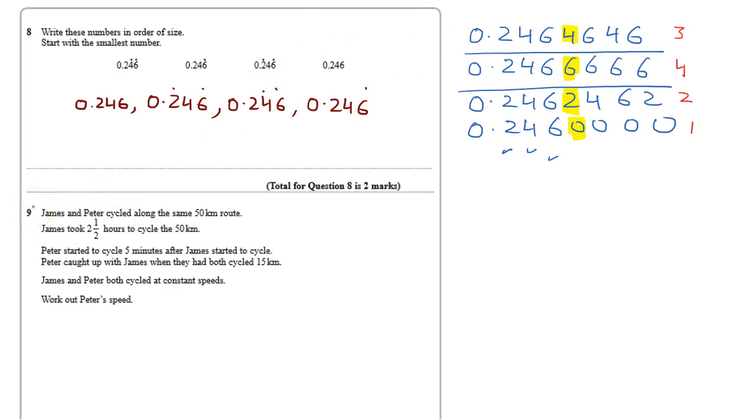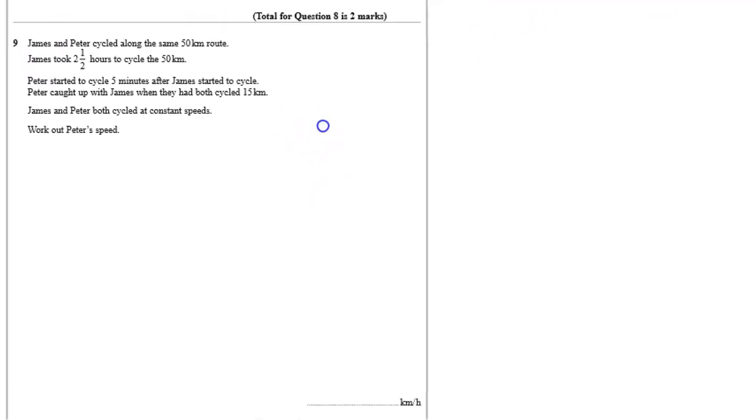Question number 9. James and Peter cycled 50 kilometer route. Let's say this is the route, that is 50 kilometer. Now James' timing is 2.5 hours.